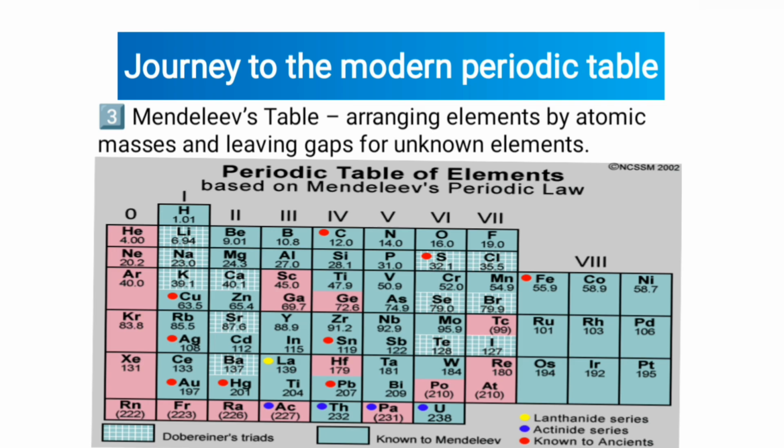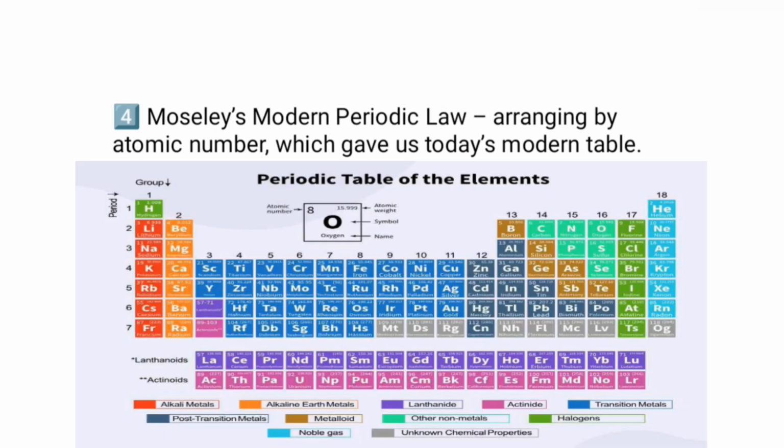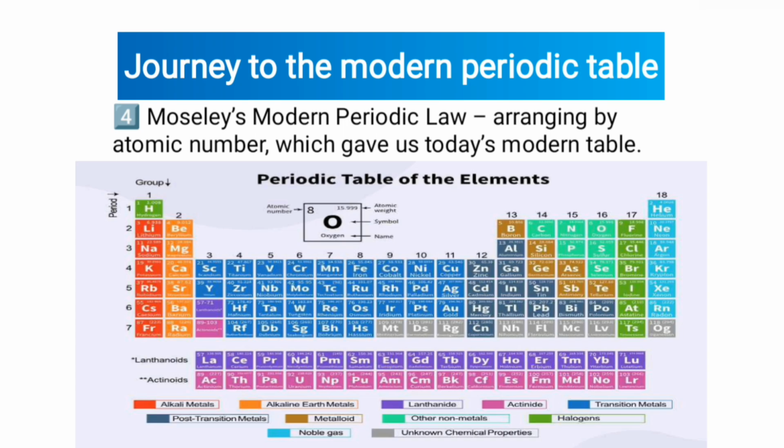It's arranging elements by atomic masses and leaving gaps for unknown elements. Now, the fourth one is Moseley's modern law. It's arranging elements by atomic number, which gives us today's modern table, you see.